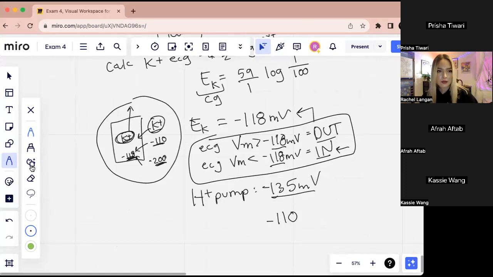Yeah, Prisha. For the negative 110 and negative 200, why do both the arrows go in? Or were you just trying to indicate? Oh, okay. I just wanted to make sure. And then the negative 110 and 200, are you basically saying that we can come up with any number that's greater than negative 118 or less than negative 118? Or how did you come up with those numbers?